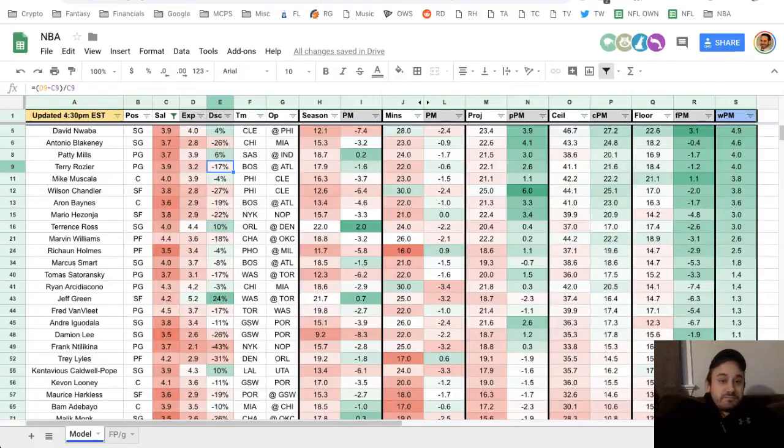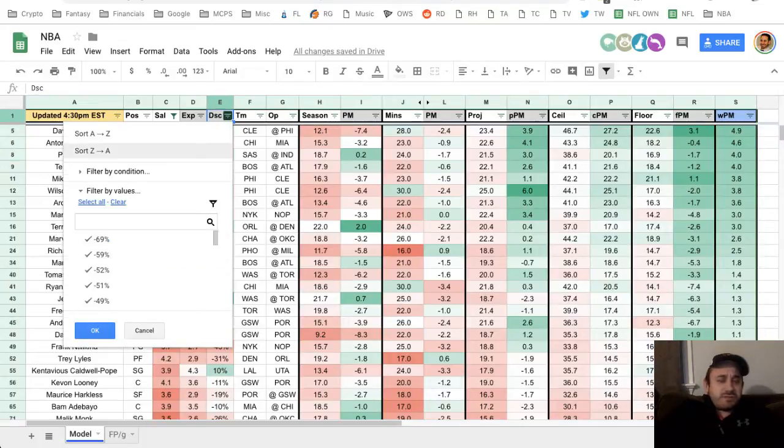However, Mills and Nwaba are really the only two that are earning their salary. It's nothing to write home about as far as earning a 4K salary. That's not very good, right? But Blakeney and Rozier are earning salaries that don't even exist in the player pool. So that gives you some context.